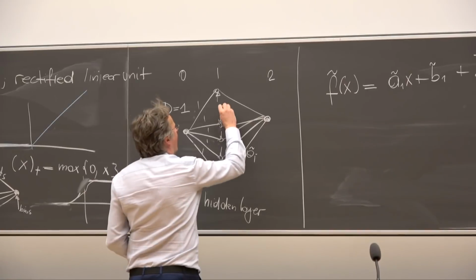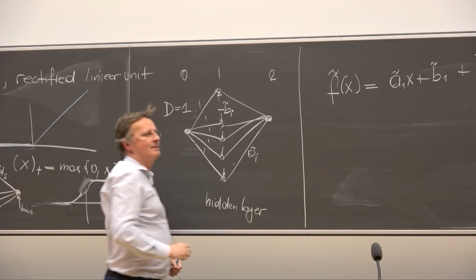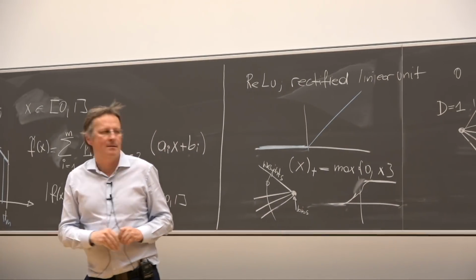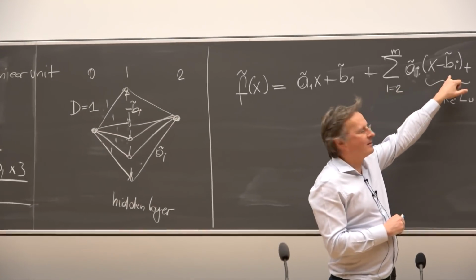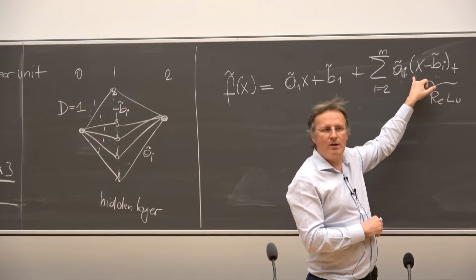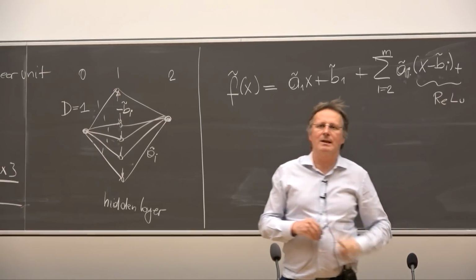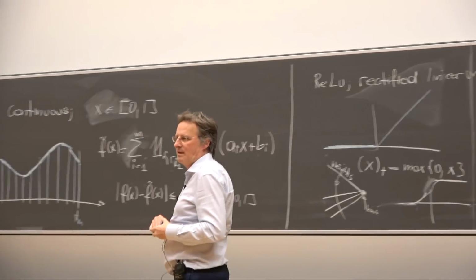Then we have here the minus bi tilde, we add here the bias term, whatever that is. So now we have the x, we add to it the bias term, now we apply the ReLU function, and then we add everything up. So once we can bring this into this form, it's clear that we can represent that with this network.